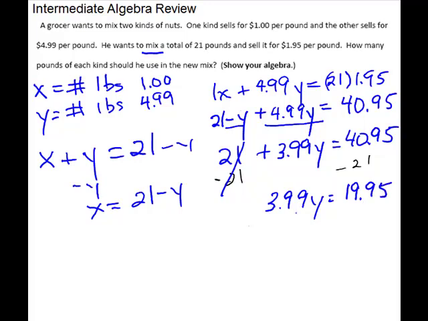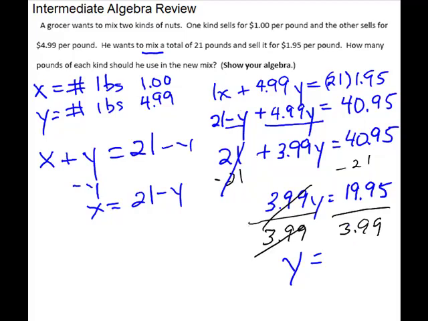And then we will divide by 3.99. This will solve for Y. Punch this in your calculator top to bottom, and it gives you Y equals 5. You still have to solve for X, so plug back into this simple equation. X plus Y equals 21.